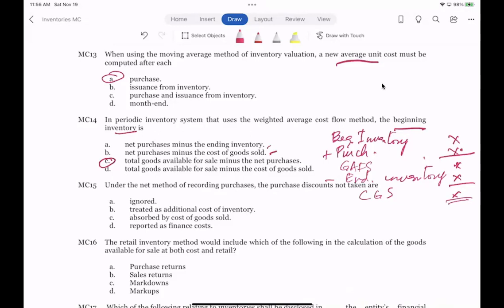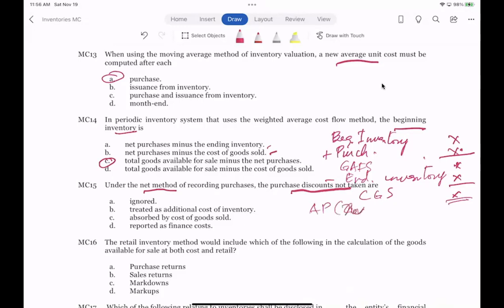Under the net method of recording purchases, net method. So actually, that was discussed in the previous chapter. The purchase discounts not taken. Therefore, what's your entry? Your entry is to debit accounts payable at gross.